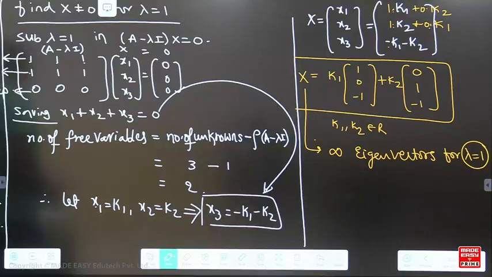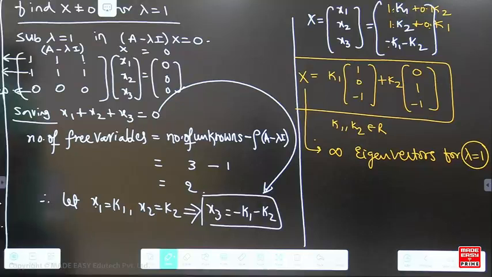For eigenvalue 1, we are getting only one equation. Correct, Madhav. You are right. What if two dependent equations?